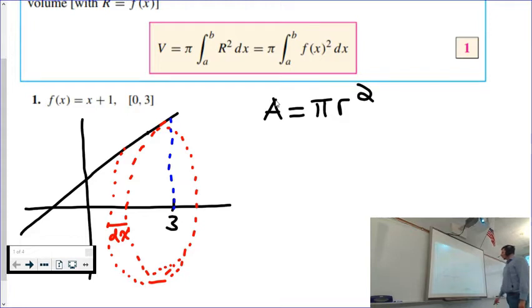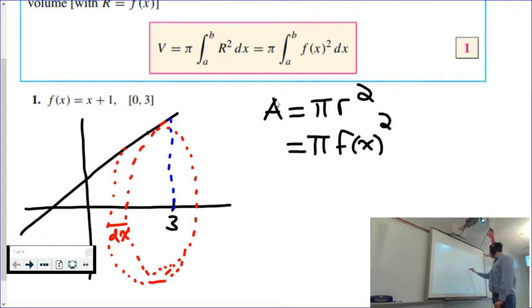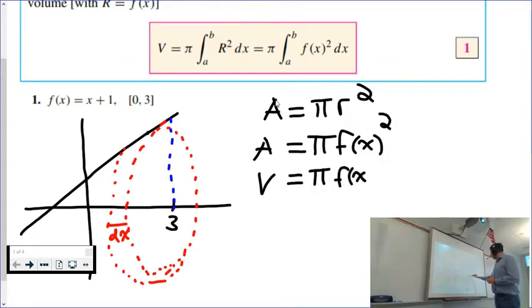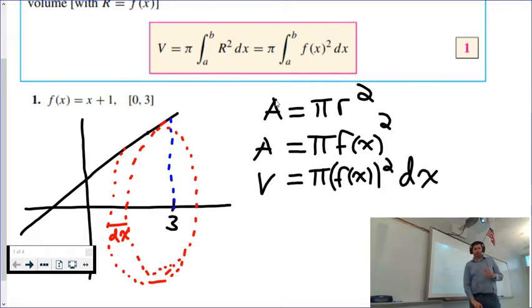The radius of the circle in this case is f of x, so we're squaring f of x. But then when we make it three-dimensional, the volume would be f of x squared times dx. So that's just considering one infinitely small disk.